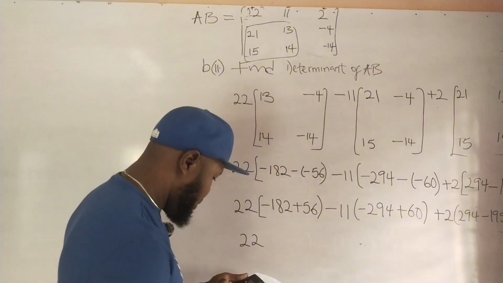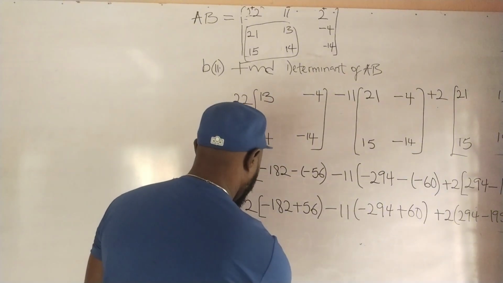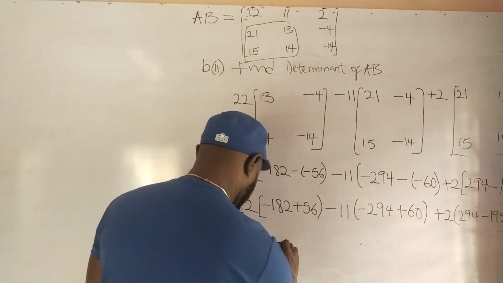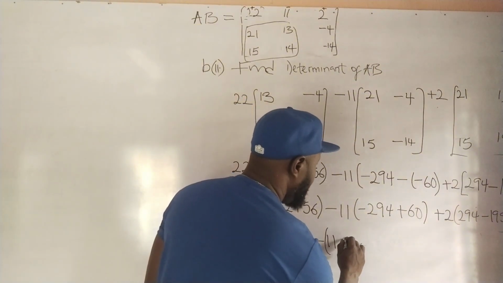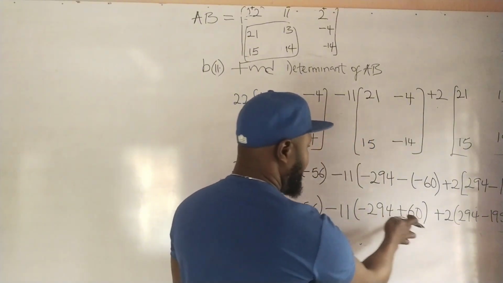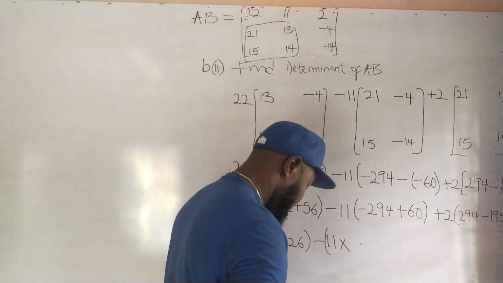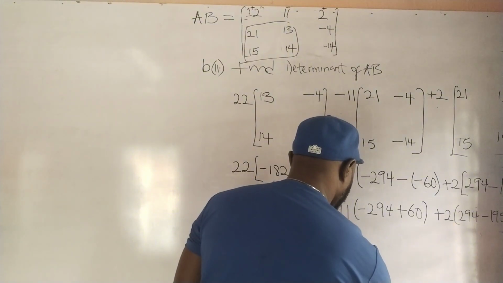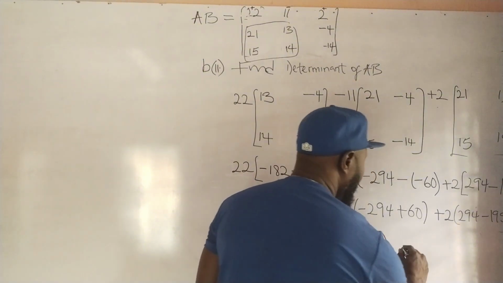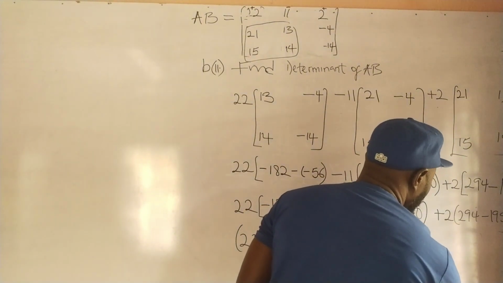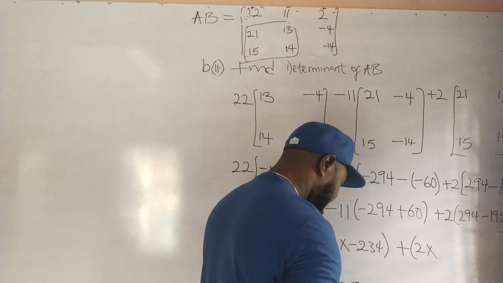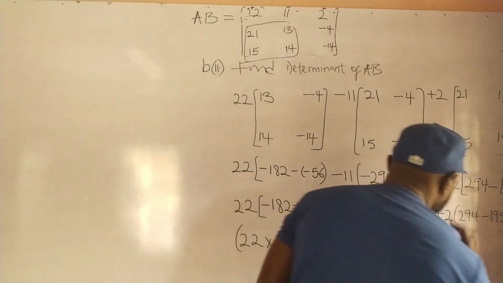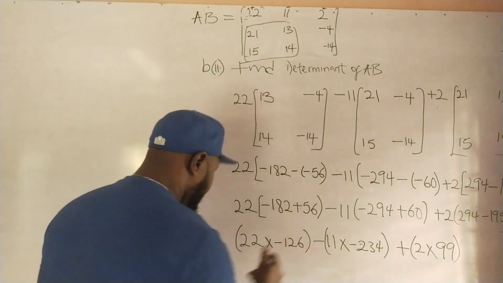That's minus 126. Minus 11 times minus 294 plus 60. That will give us minus 234. Plus 2 times 294 minus 195. That should be 99. Is that understood? So 22 times 126.